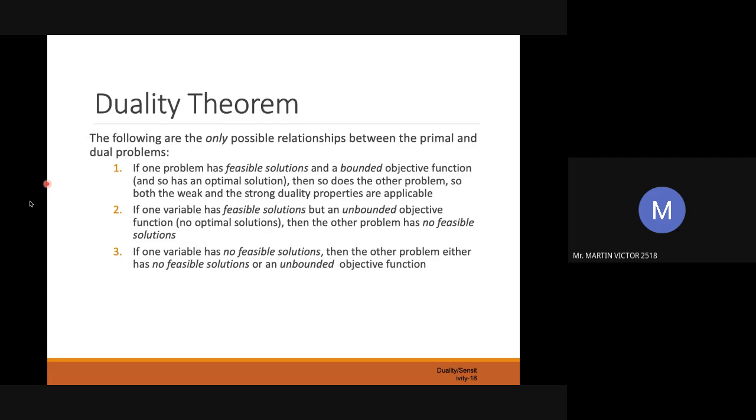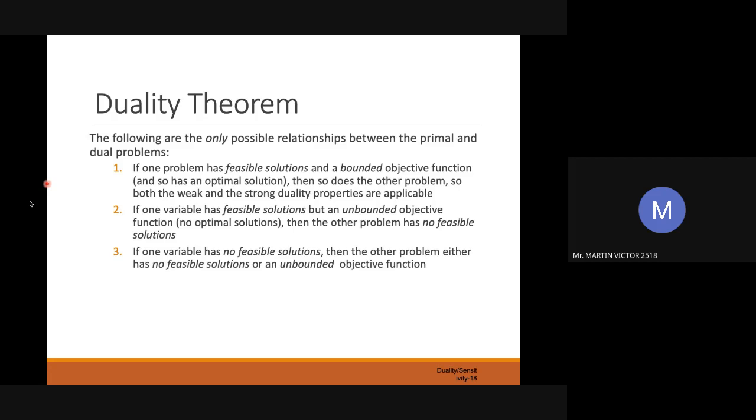If one problem has feasible solutions and a bounded objective function, that means it has an optimal solution, so both the weak and the strong duality properties are applicable.